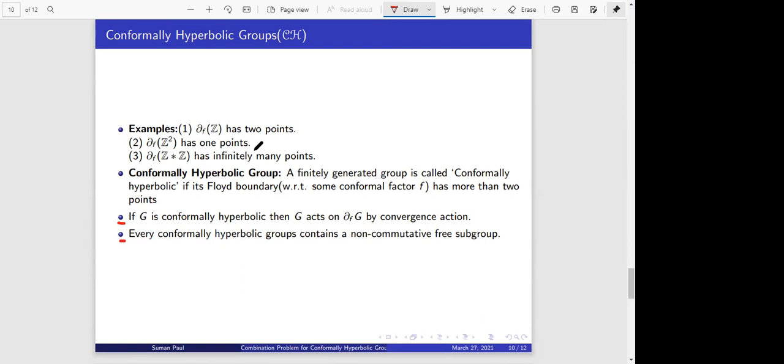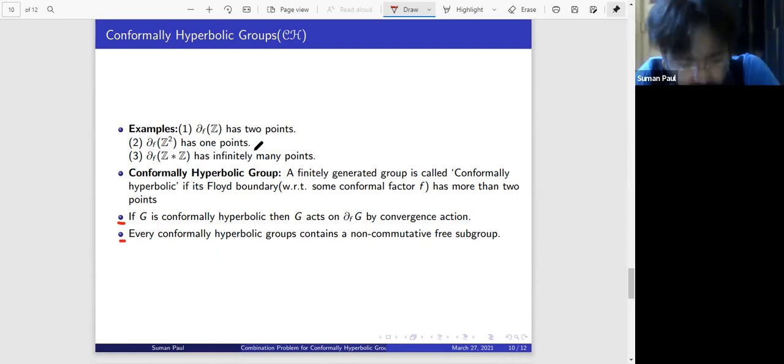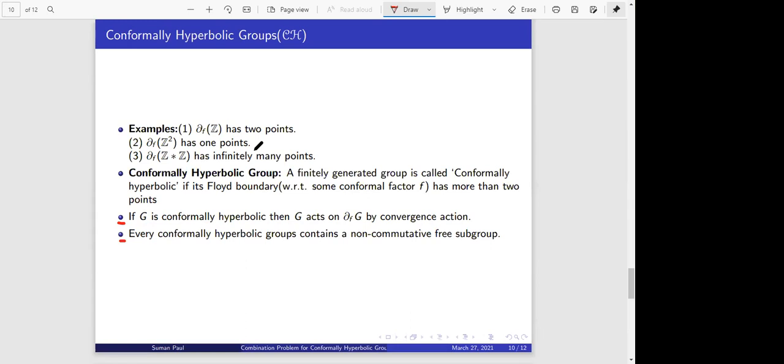I see. So any group containing Z direct sum Z as a subgroup, I mean, not all such groups will be relatively hyperbolic, but we can get a huge number of examples from there, because those are not hyperbolic. Right. Like Z direct sum Z free product with Z.